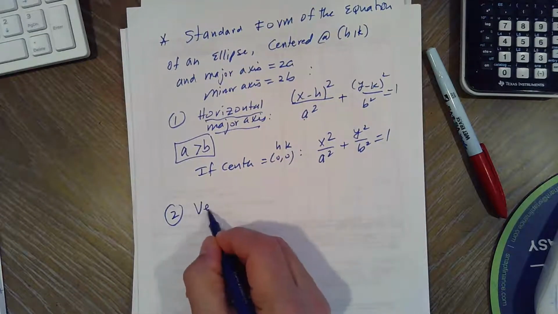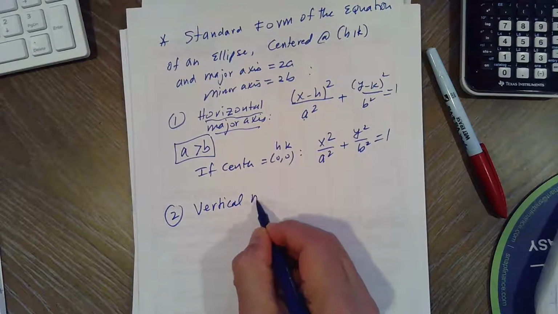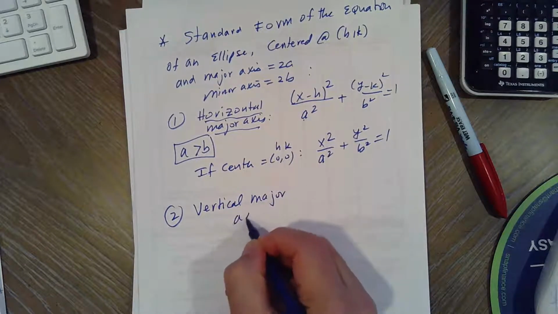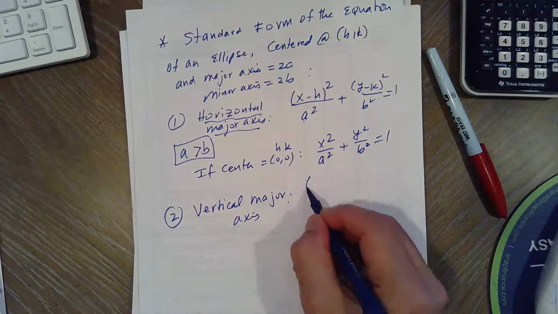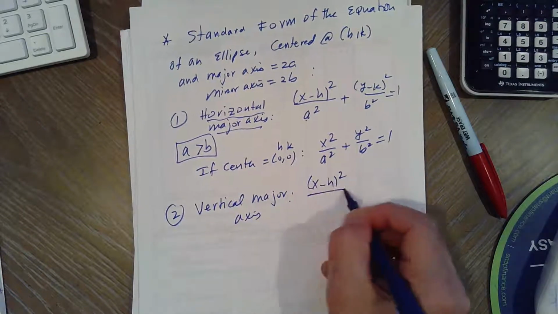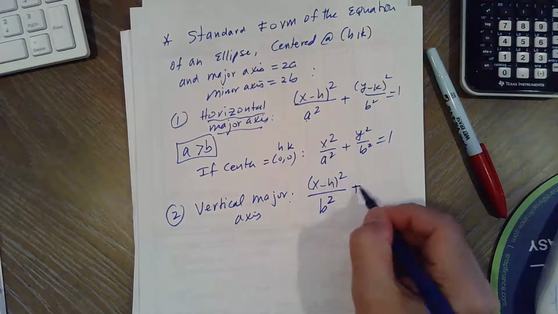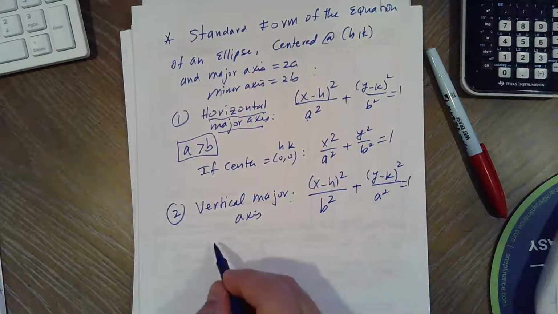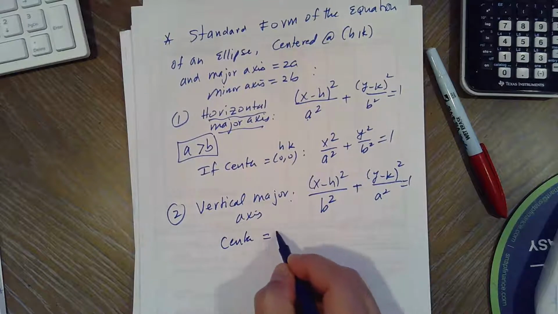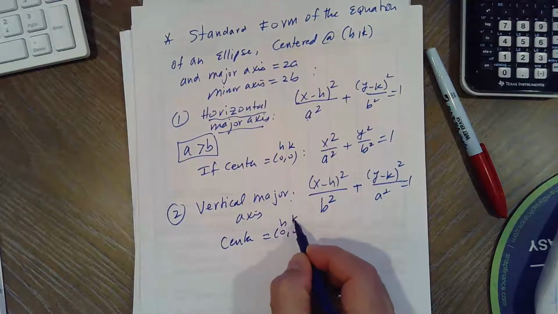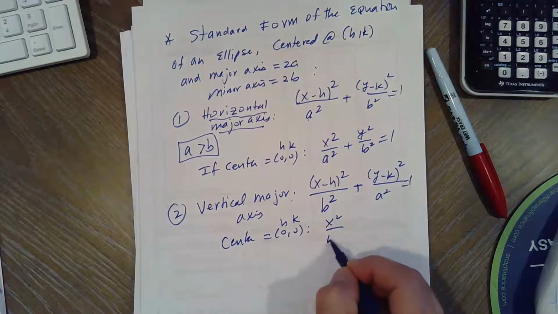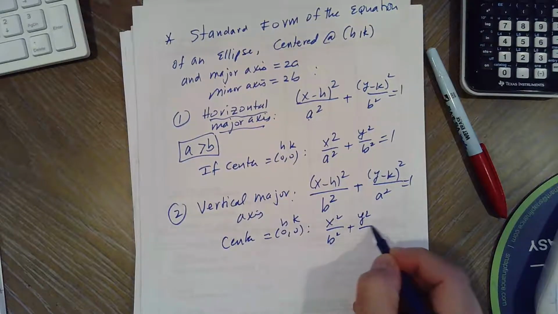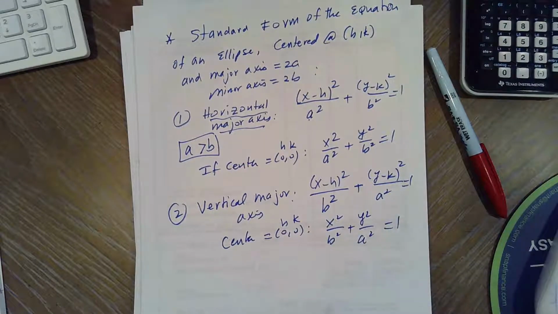And if you have a vertical major axis, it's going to be (x minus h) squared. Now the smaller value is with x squared and the bigger value is with y squared. And if the center is 0, 0, then it's going to be x squared over b squared plus y squared over a squared is 1.